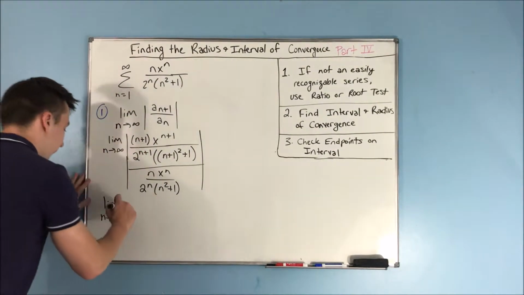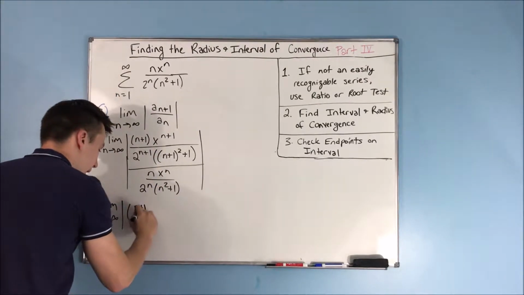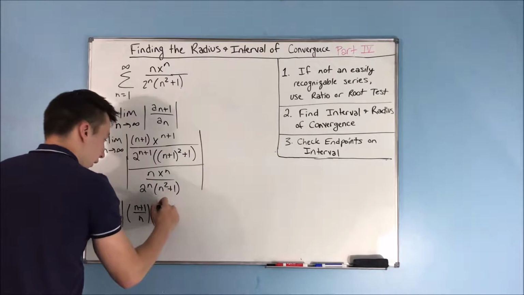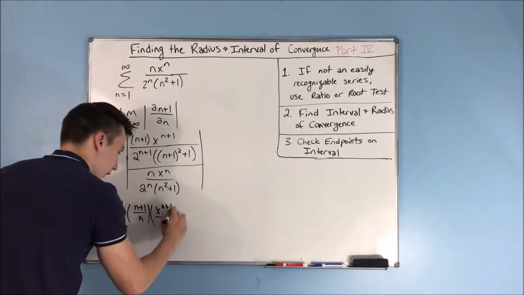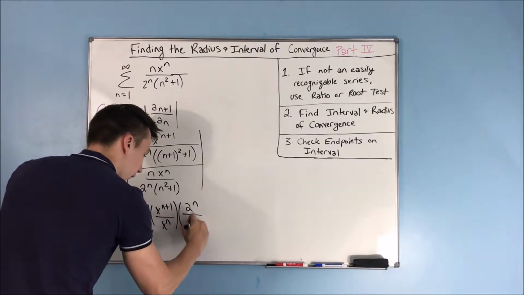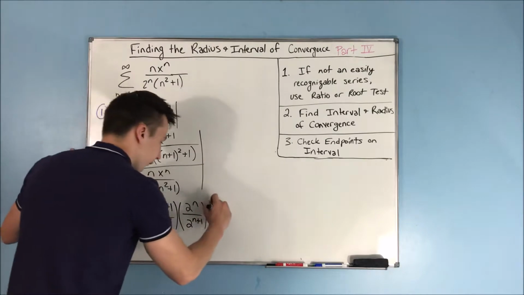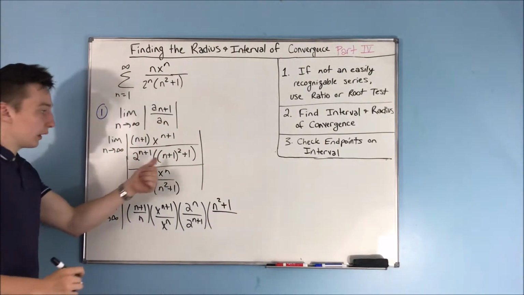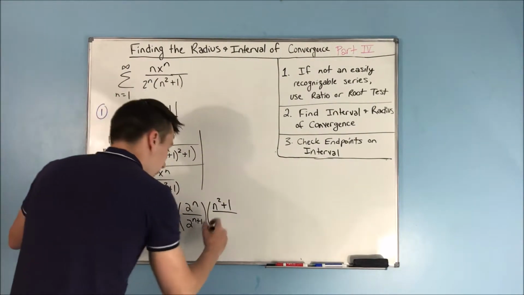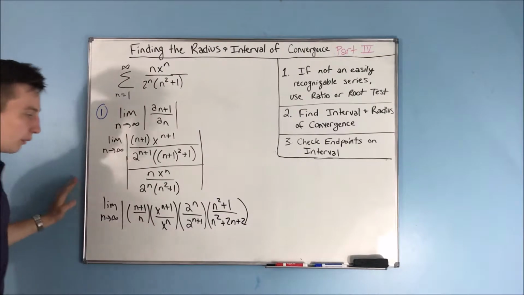So we get n plus 1 over n, multiplied by x to the n plus 1 over x to the n, multiplied by 2 to the n over 2 to the n plus 1, multiplied by n squared plus 1 over, we can FOIL that n plus 1 quantity squared out and add 1 to it, so we get n squared plus 2n plus 2. And we end that absolute value sign.